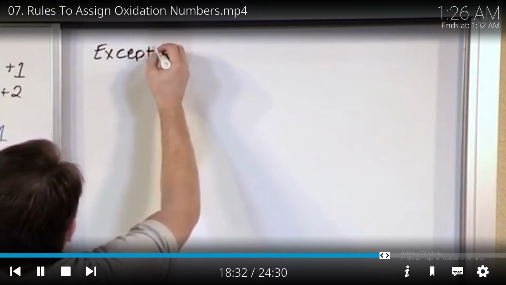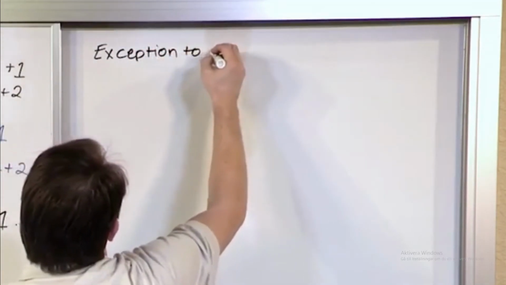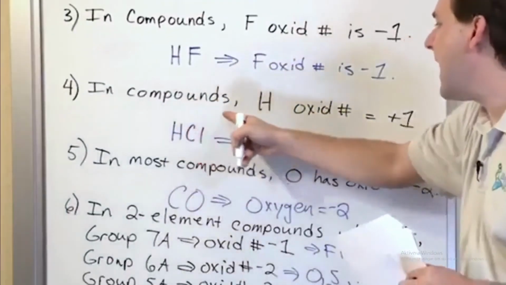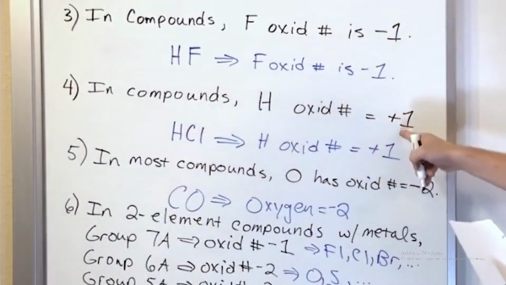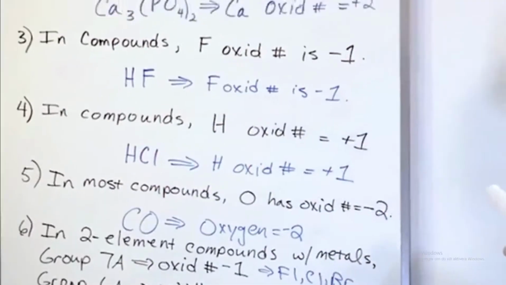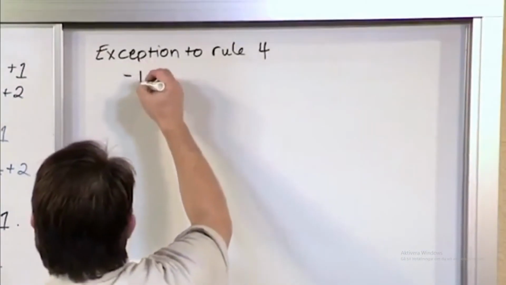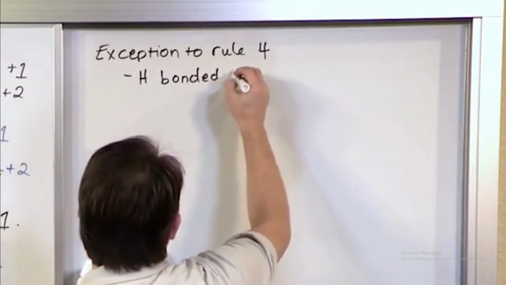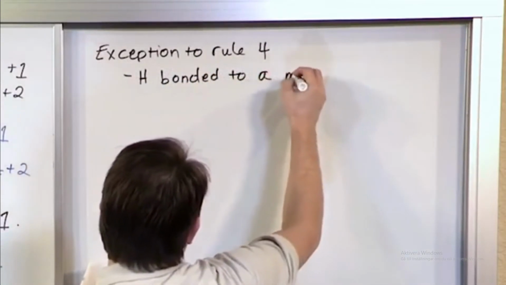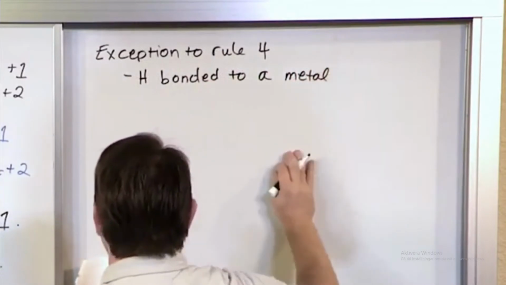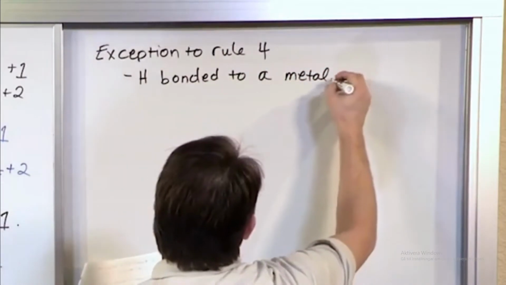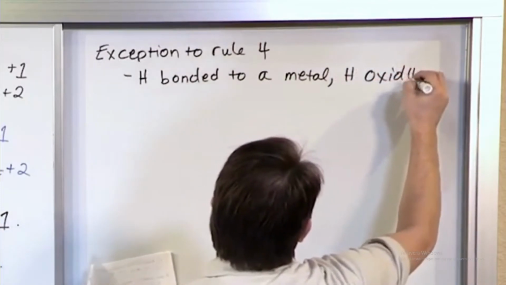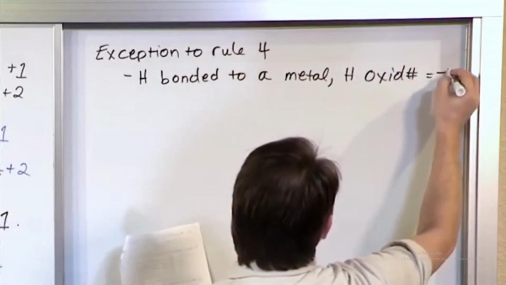to rule number 4. Rule number 4 is the one that talks about hydrogen, saying the oxidation number in compounds with hydrogen is positive 1. Okay? If hydrogen is bonded to a metal, okay, to a metal, then the hydrogen oxidation number is actually negative 1.